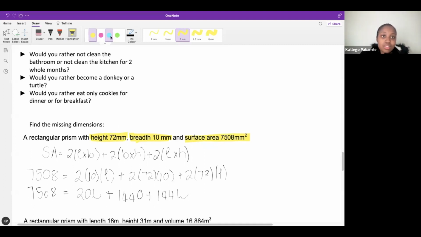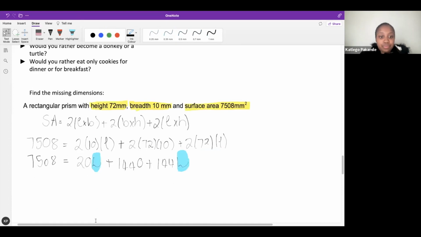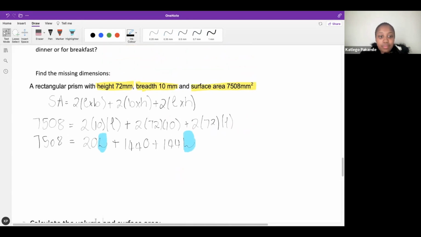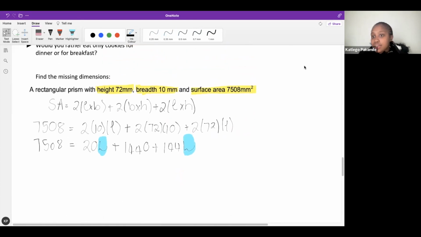Now I'm going to highlight it to show you that we have length in 2 places. Does anyone have an idea how we're going to solve for L? Yes, Robin.